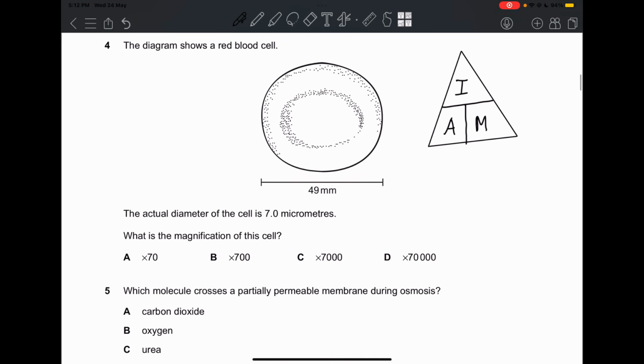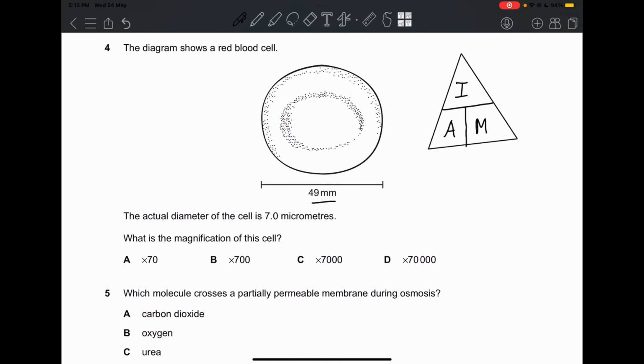Over here, the image size is 49 millimeters, and the actual diameter is 7 micrometers. These are not the same units, so we have to convert either from micrometer to millimeter or from millimeter to micrometer. So there is this diagram.